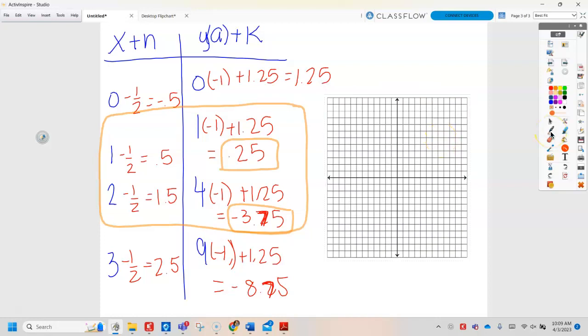So plot -0.5, 1.25. Now I'm going to go by the same scale you have, which is ones. Plot 0, 1, because we know that's my y-intercept from up above.